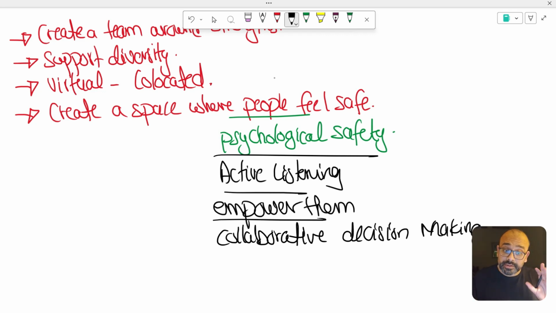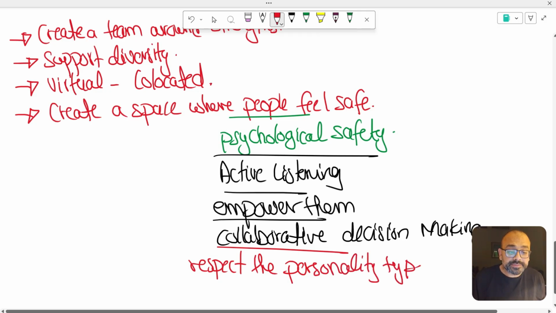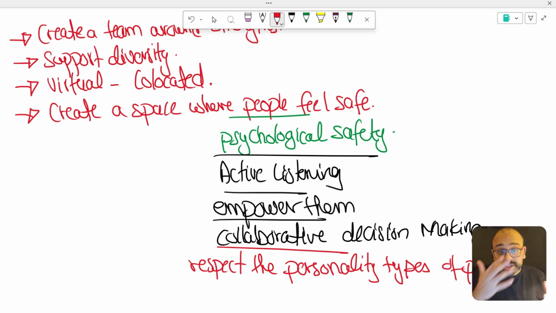But remember, whenever you are doing these things, we should respect the personality types of people. Yes, some people are extrovert, some people are introvert, so we should respect their boundaries. Understanding the personalities doesn't mean you are labeling them. Do not label them.